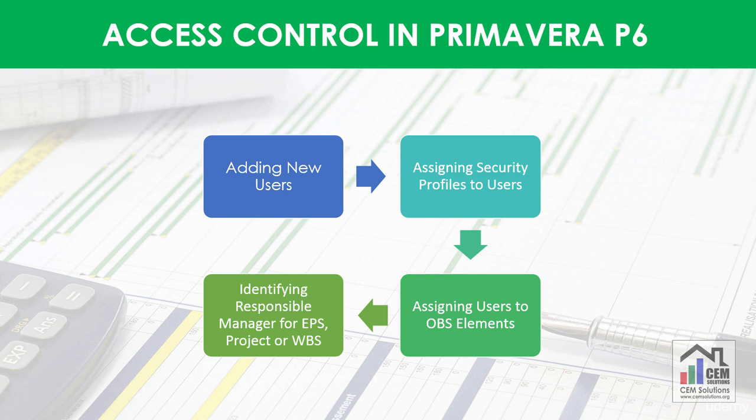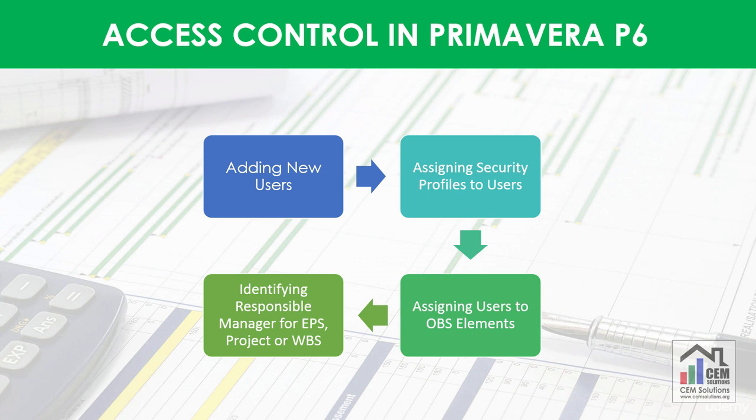For example, you may have a Project Manager 1 in your OBS. But who is this Project Manager 1? To define this, you will create a user for this role and then assign it to that OBS element. This will specify who the Project Manager 1 is and what his or her privileges are.